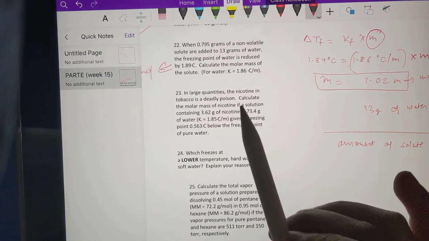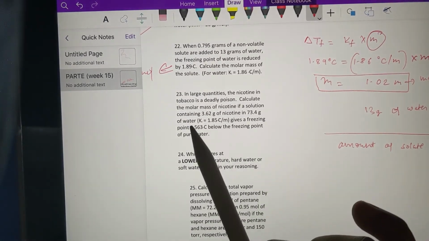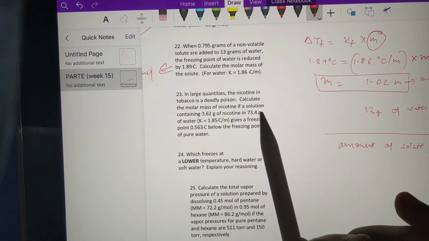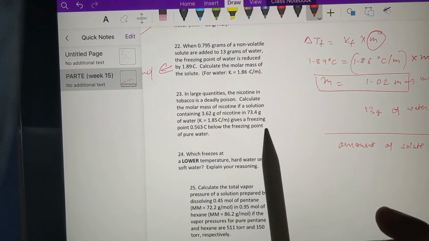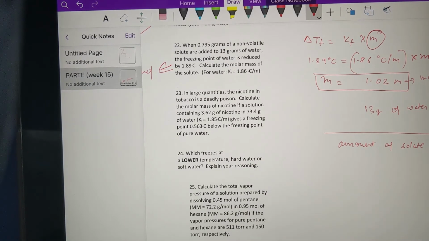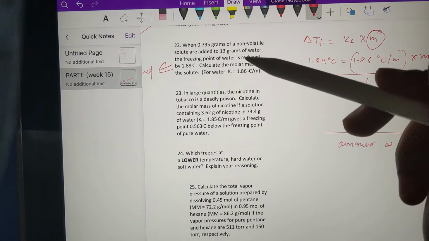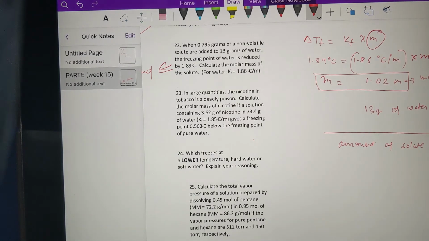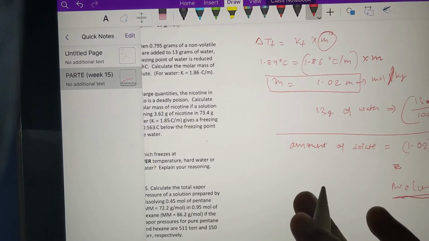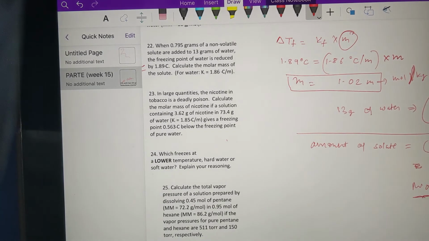Next question is molar mass of nicotine. If you have this mass of nicotine and this mass of water, and then freezing point below the freezing point. Okay, so this question is similar to the previous question that we did here, so you're gonna do the same process again as I did it here. So I'm just gonna solve it quick.